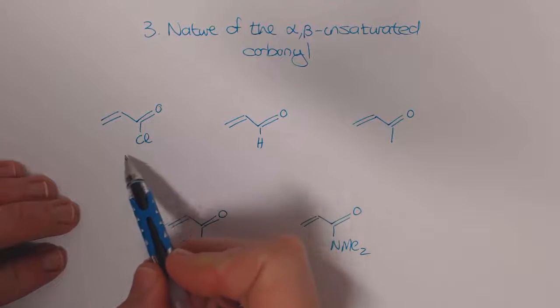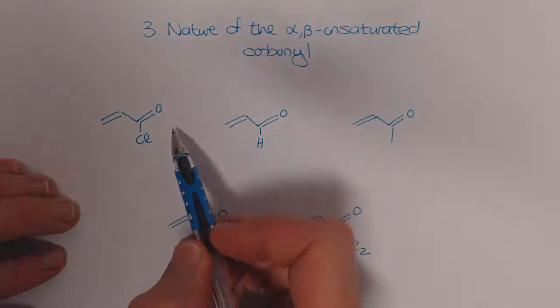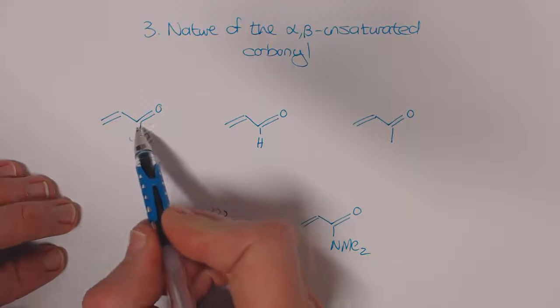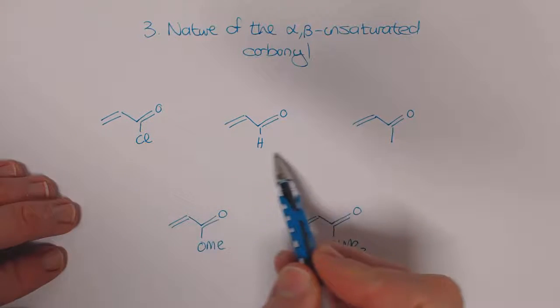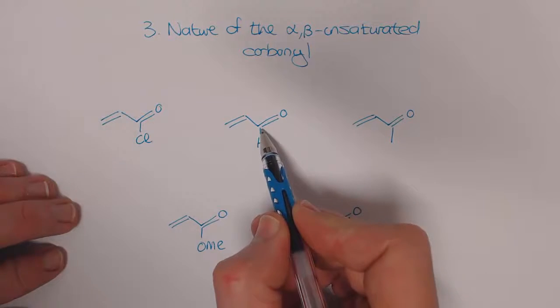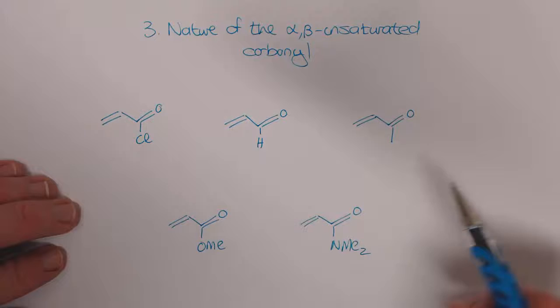So an acid chloride is incredibly reactive, and so it means that when we add nucleophiles to this, it'll prefer to go 1,2 or add to this carbonyl. Aldehydes as well almost always like to react at the aldehyde, not at the unsaturated system.